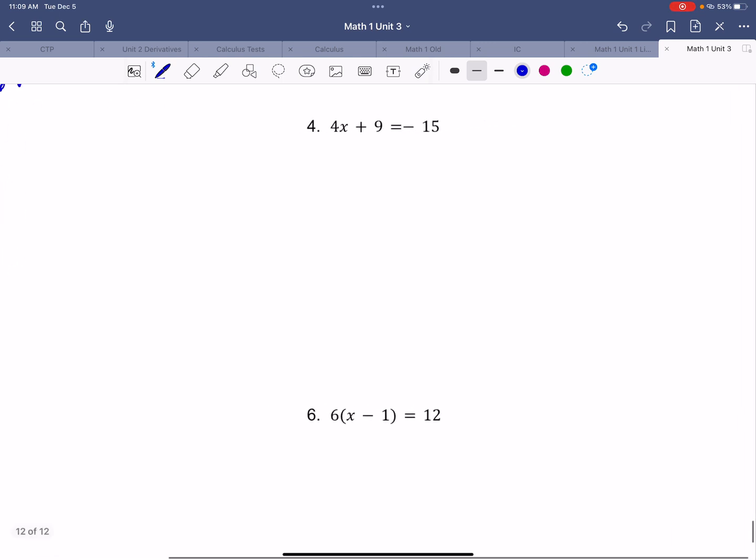Number 4. I'm going to look at my operations. I have 4 times x plus 9. I'm going to start by moving the 9, so I'm going to subtract 9. What I do to one side, I must do to the other side.